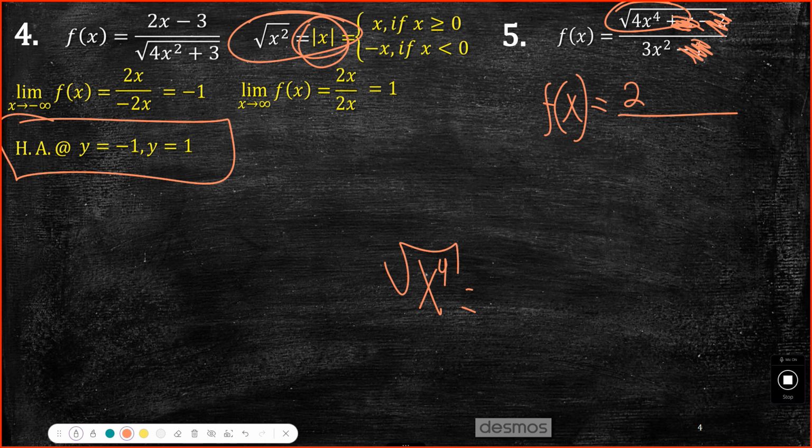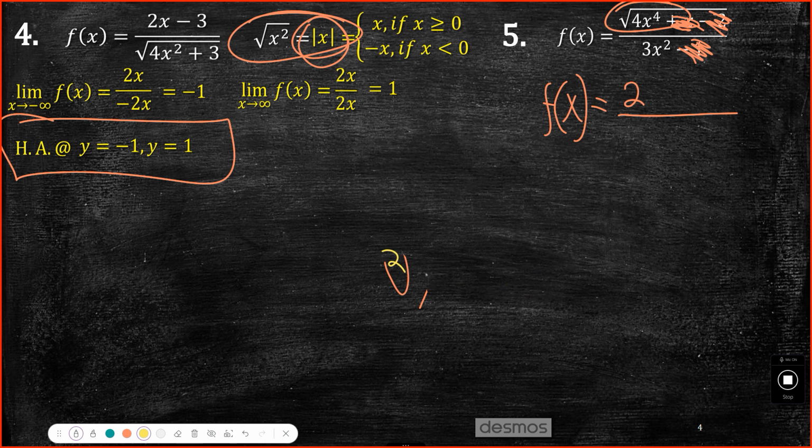Yes? X squared. That is correct, Brian. Good job. Everybody, there's an invisible 2 here, the index, and then you go 4 divided by 2 is going to be x squared. X squared is never negative. No matter what, x squared is never negative. That's why we don't do an absolute value.